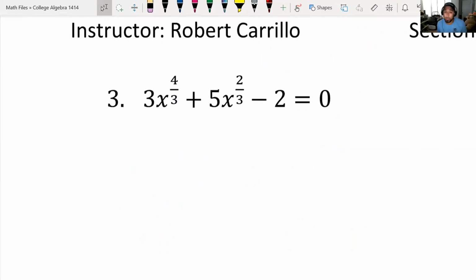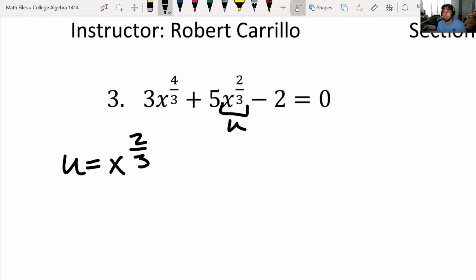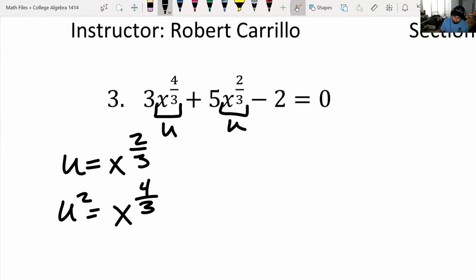Okay, this one, definitely U substitution, right? Look at that, 2/3, 4/3, so let's do it. U is going to be x to the 2/3, the middle term with the lowest power. And if you square this, you'll get x to the 4/3, which takes care of that. Hey, look at that.